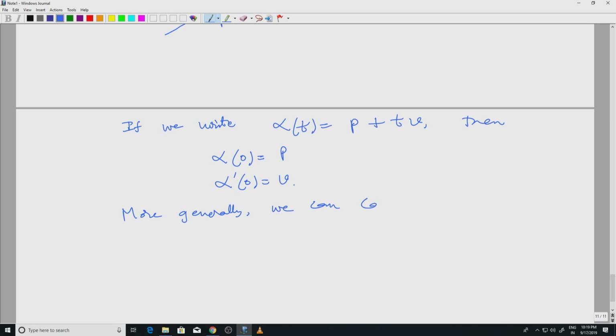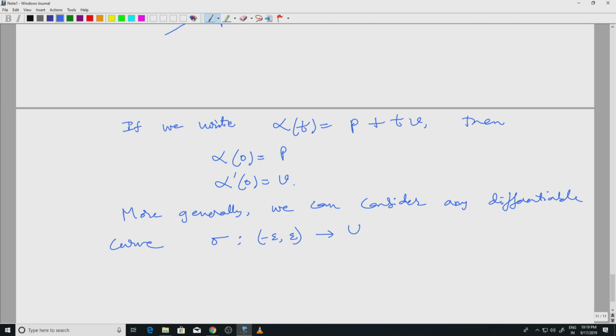So more generally, we can consider any differentiable curve sigma, defined in some very small neighborhood minus epsilon to epsilon, and the image should lie inside this U, the open set on which f is defined.